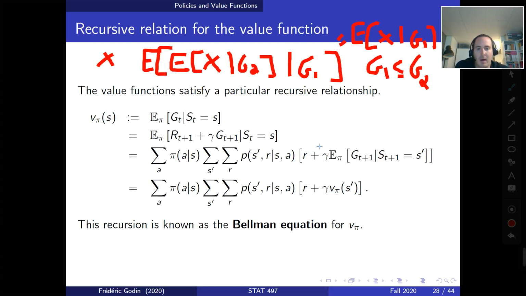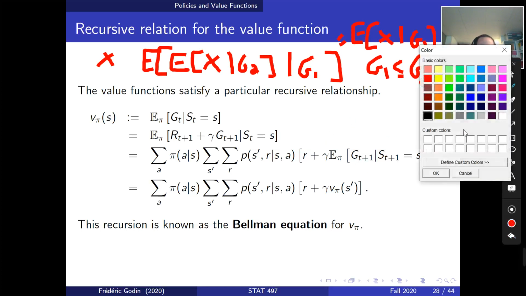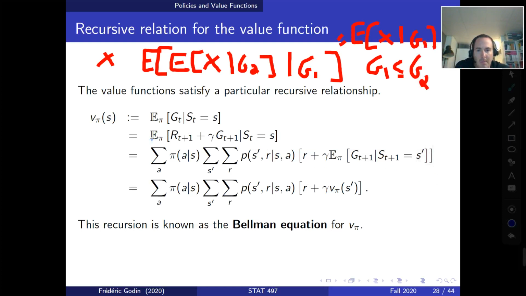So if we do that, we can apply this result to this expectation here.